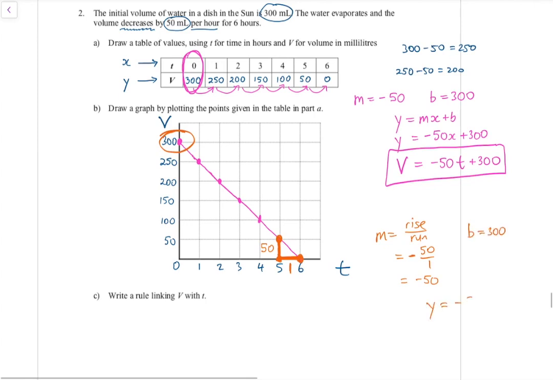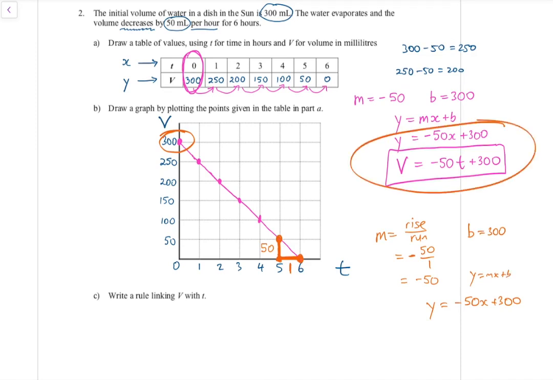So y equals minus 50x plus 300 if I use the rule y equals mx plus b. And that's the same answer as what I had when I used the table. So my rule is volume equals minus 50t plus 300.